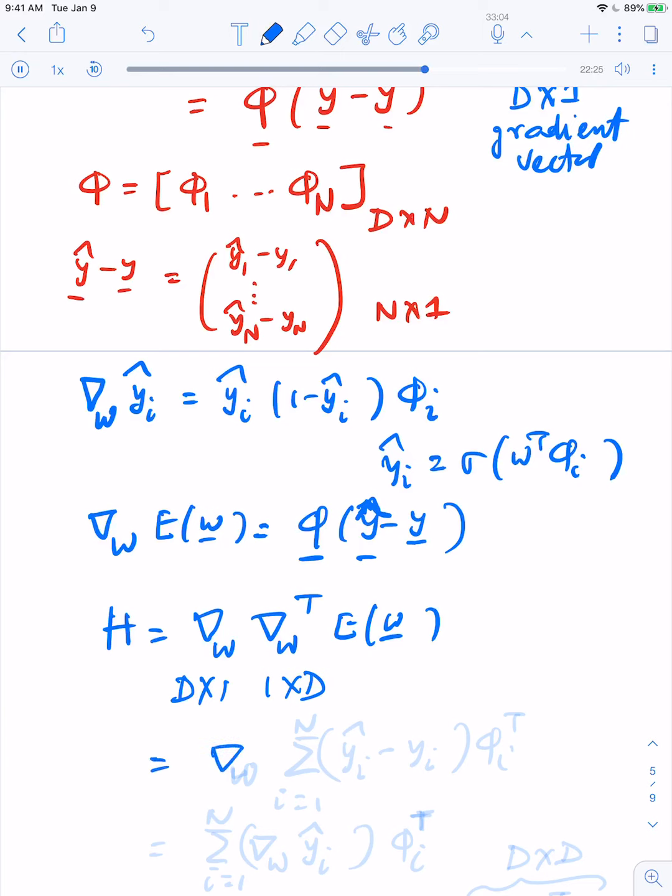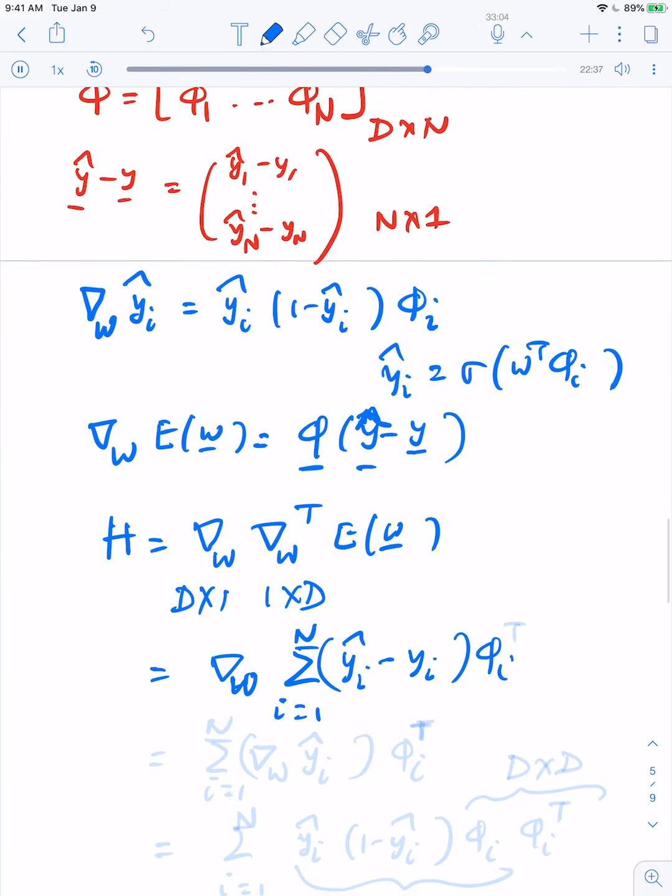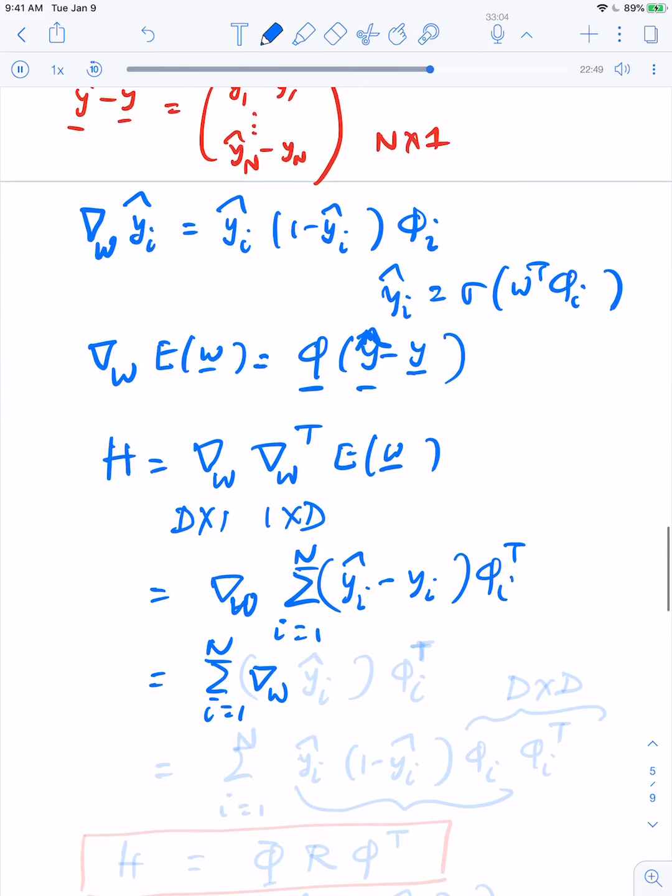And so I don't think I need to go through the whole thing again, but what I get when I do this is I'm going to operate this on summation i equals 1 to n of yi hat minus yi times phi transpose. This is my gradient transpose of E of W, and so that is of course just summation i equals 1 to n of the gradient of yi hat times phi transpose, right? And we already know what the gradient of yi hat is.